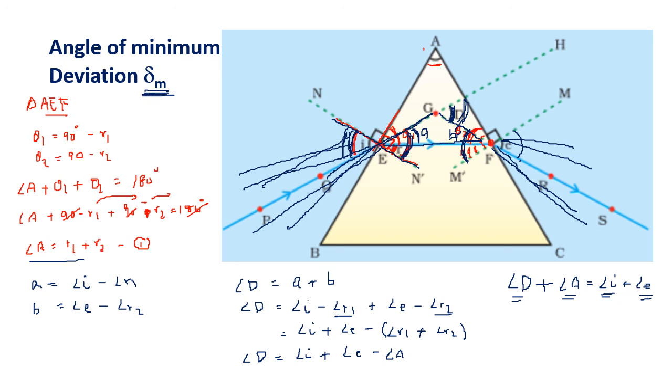Now just remember, in the condition of minimum deviation, the refracted ray will become parallel to the base of the prism. This is just for your information. That is condition 1. And the second condition, angle of incidence will be equal to angle of emergence.